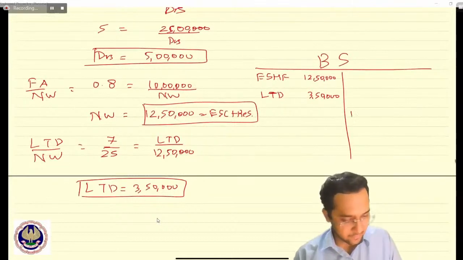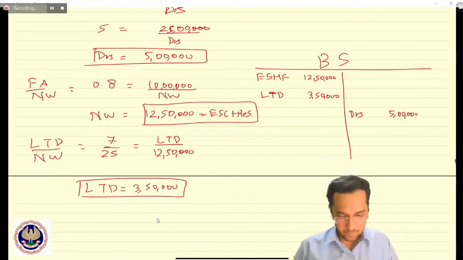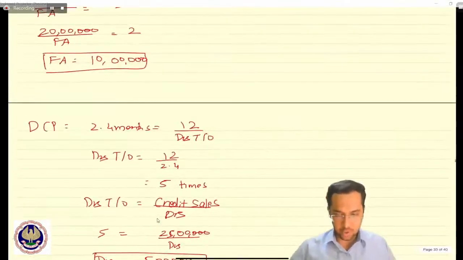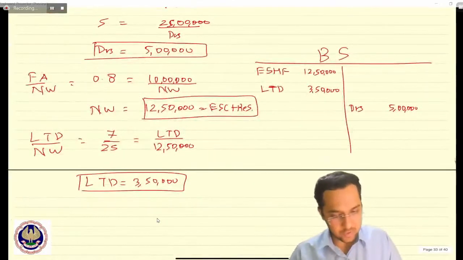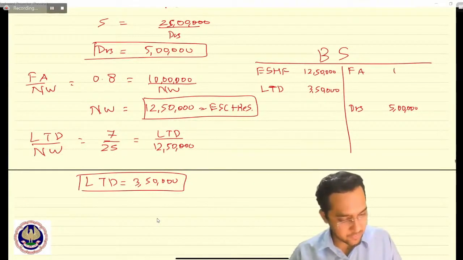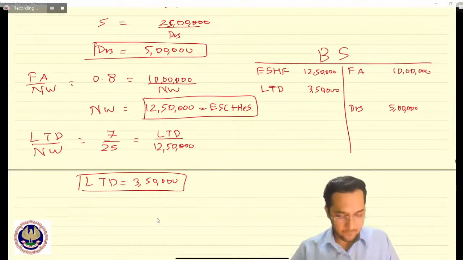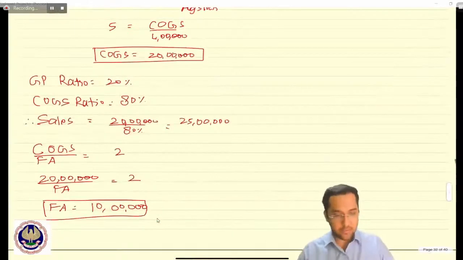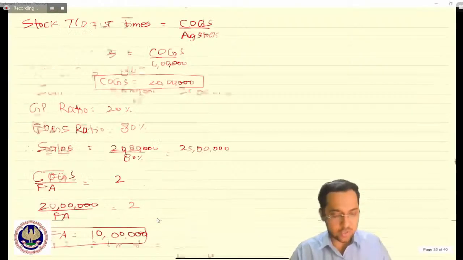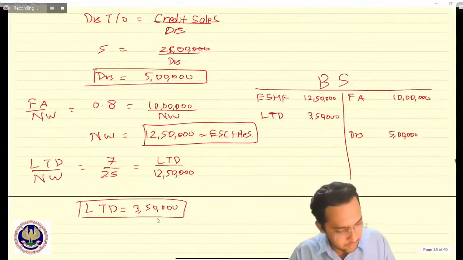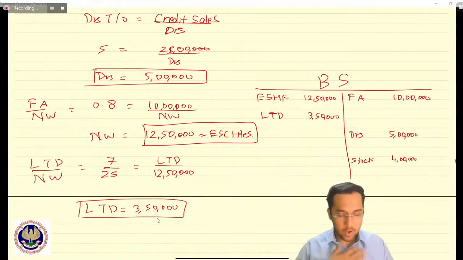Then on the asset side, we have debtors of 5 lakh. Then we also have a fixed asset of 10 lakh. What other things do we have? We have computed COGS, but COGS has no use on our balance sheet. Yes, stock is there, 4 lakh.